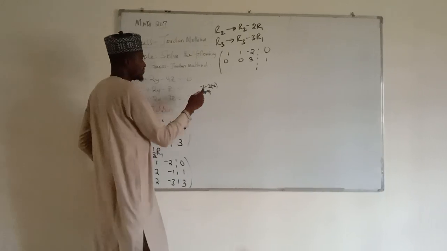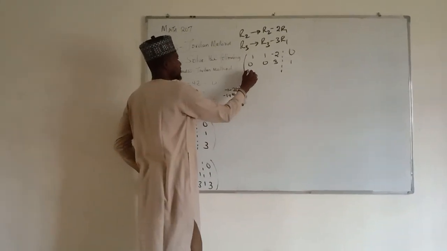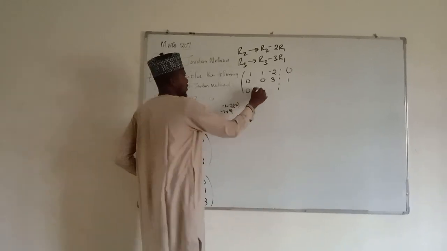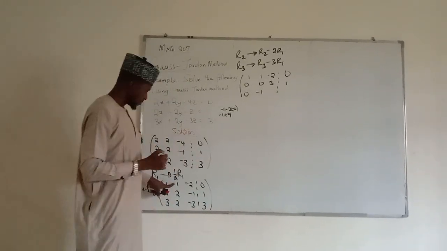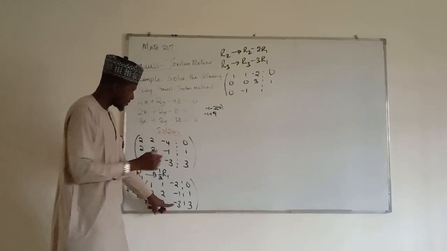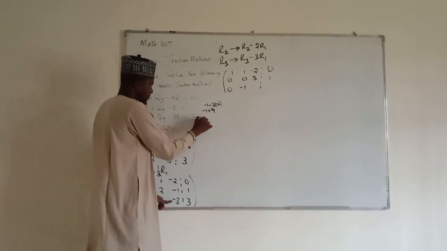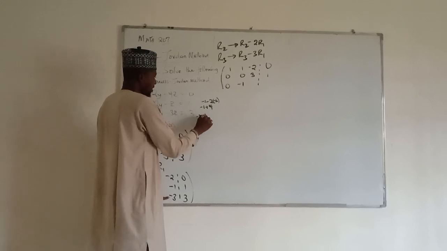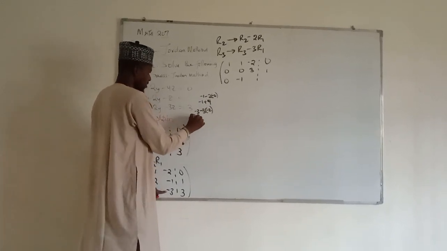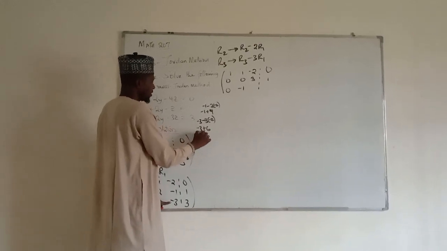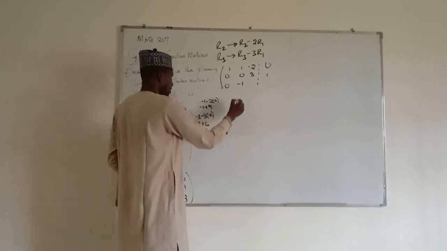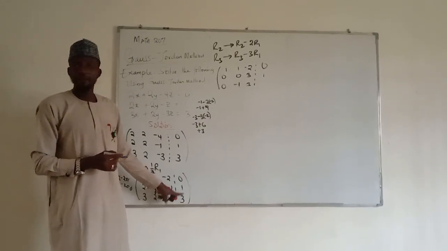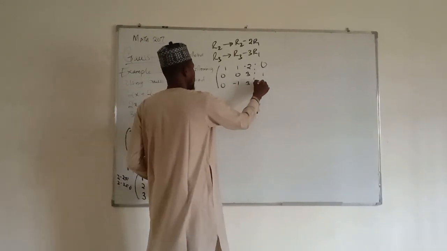Then 3 minus 3 times 1 is 0. 2 minus 3 times 1 is minus 1. And here it's minus 3 minus 3 times minus 2, so minus 3 plus 6, which is 3.